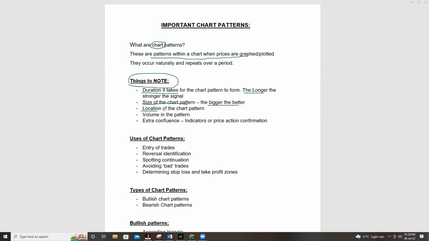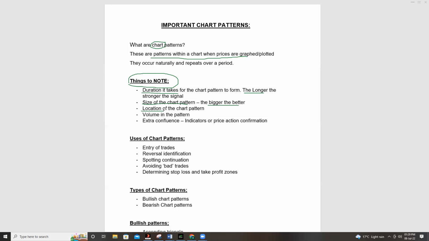Then we have location of the chart pattern. I have no way of overemphasizing location of patterns in the market. What is location of the pattern, or what does location of the chart mean? On the other video on candlestick pattern, I mentioned that any trend has 3 stages.